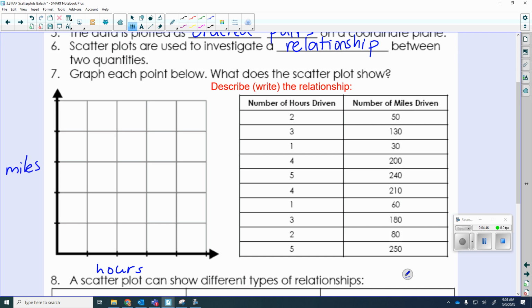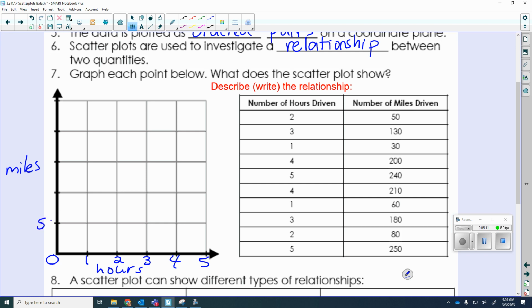Okay, I'm looking at our x values. The highest one I see is 5. So that means we can count by what? Ones. Okay. On the y values, the highest one I see is what? 250. So I can't count my ones. Give me something else. 50. So let's see. 50, 100, 150, 200, 250. Good job.